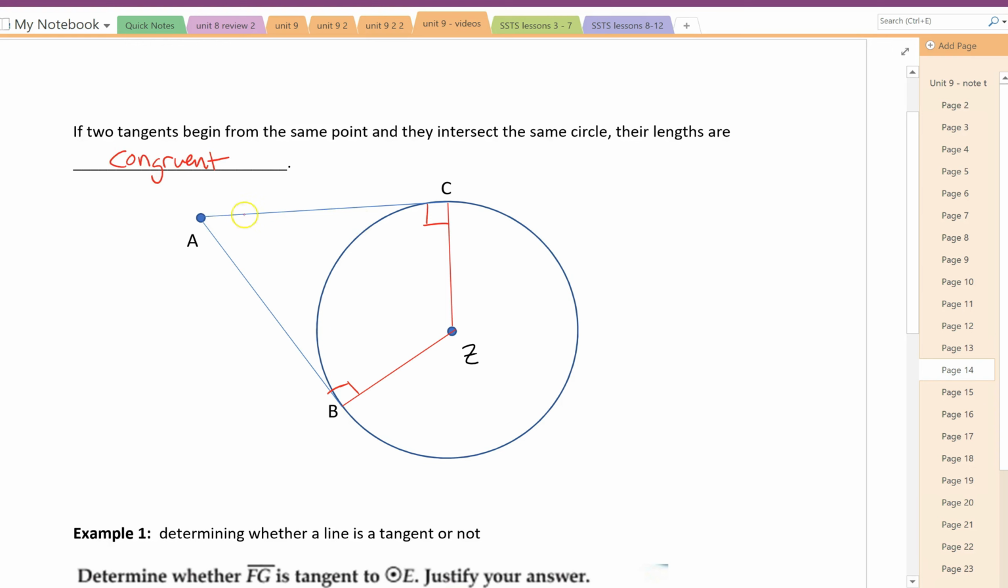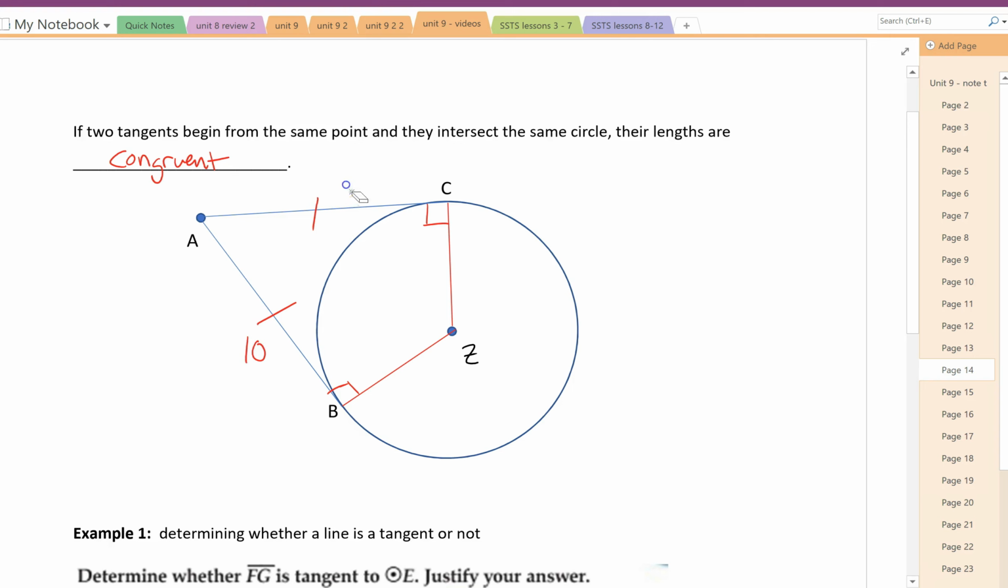In other words, if I know that AC is tangent to circle Z and AB is tangent to circle Z, and both of those lines start from the same point, then I know that the length of AC is congruent to the length of AB. So for example, if I knew that AC was 10, AB would have to be 10.